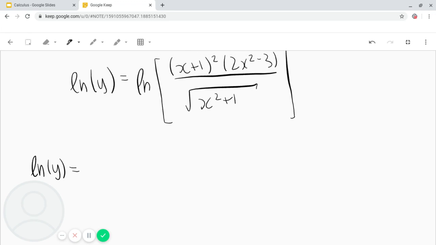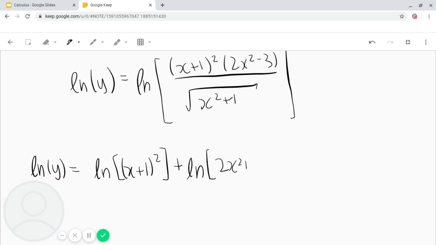We have some multiplication and division happening, so we can say ln y equals ln of (x plus 1) squared plus ln of (2x squared minus 3) minus ln of the square root of x squared plus 1.